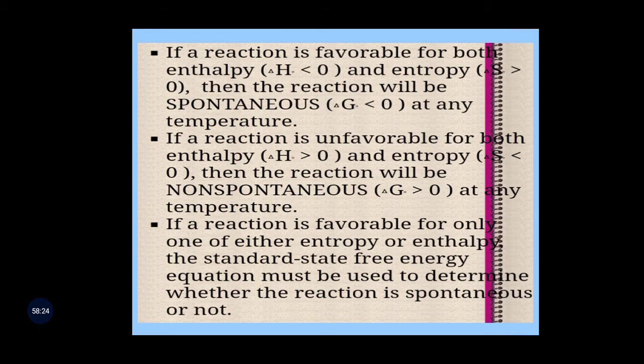If a reaction is unfavorable for both, that is, enthalpy is positive and entropy is negative, then the reaction will be non-spontaneous because Gibbs free energy will be greater than 0. So if a reaction is favorable for only one of either entropy or enthalpy, then it is the Gibbs free energy that will determine if the reaction will be spontaneous or not.